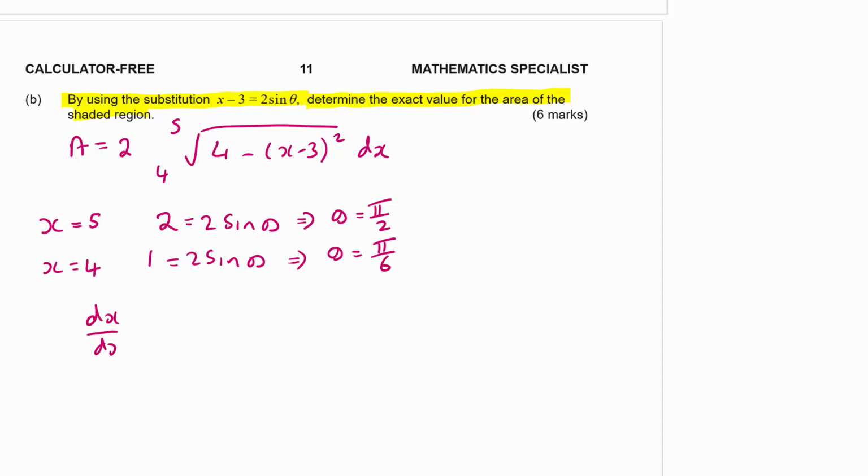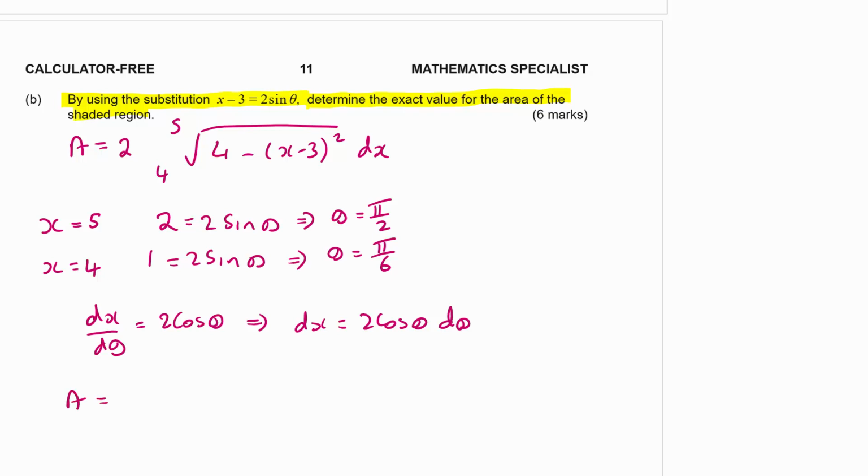dx/dθ would be equal to 2 cos θ. So we can replace dx with 2 cos θ dθ. Okay, so I think we're in a position to do the substitution.